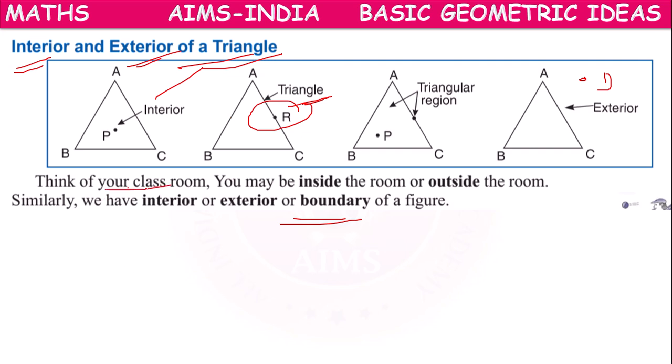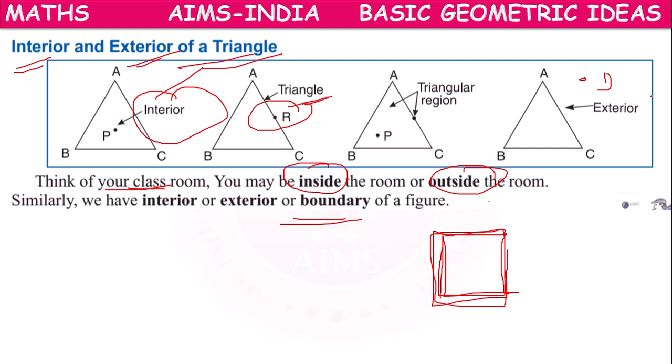Suppose you think of your classroom: you may be inside the classroom, you may be outside the classroom. Suppose your class has boundaries, separated by walls. So the walls may be on the boundaries. In the same way, a triangle also has an interior part, an exterior part, and the boundary.